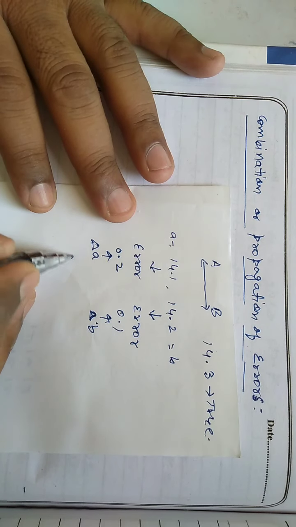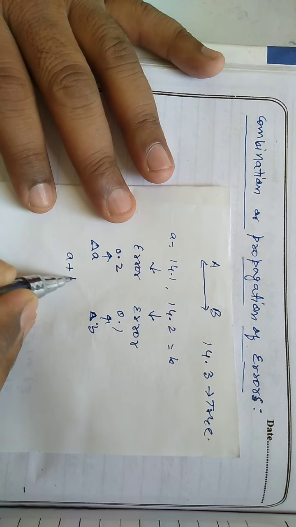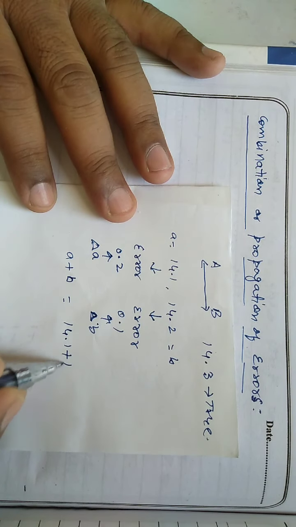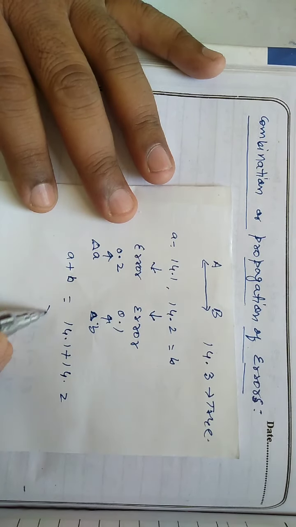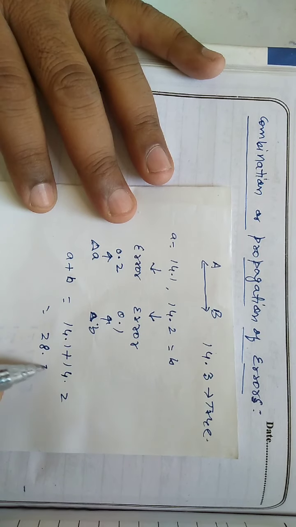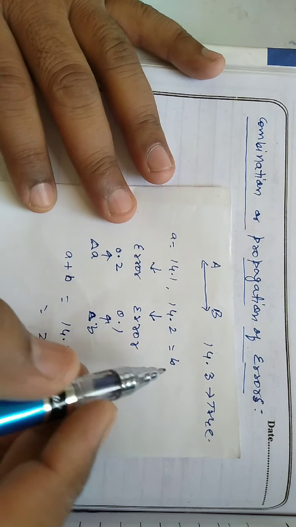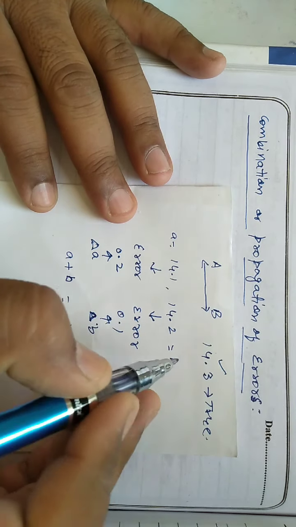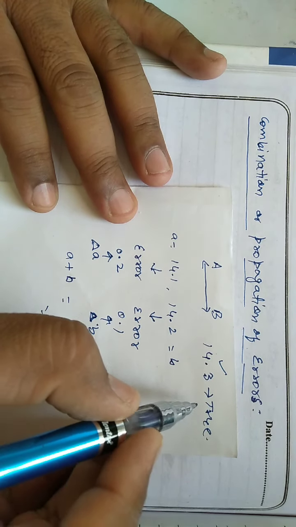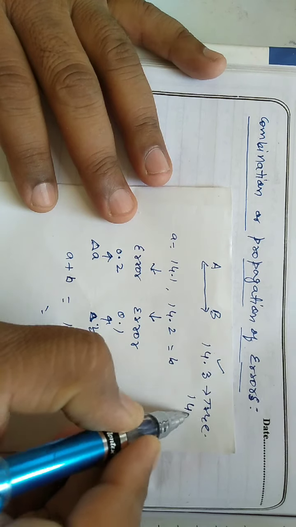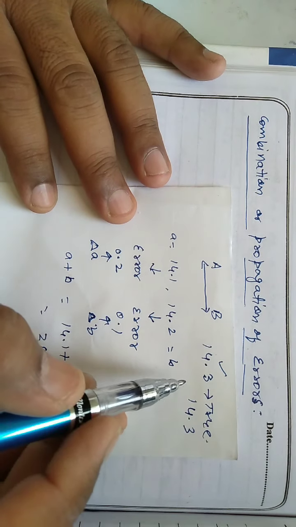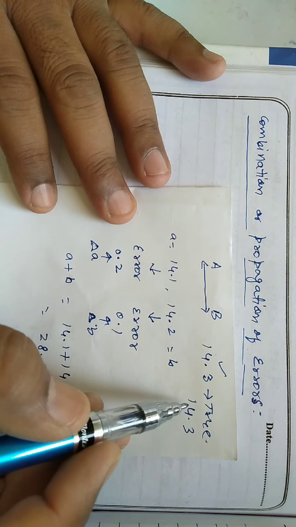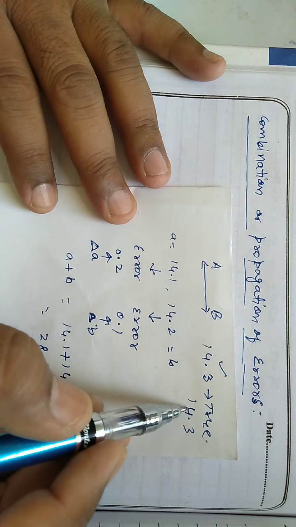Now suppose you have to add these two numbers A and B. Now you will add 14.1 plus 14.2. Your answer will be 28.3. But according to the actual value, first observation should be 14.3 and second observation should also be 14.3.